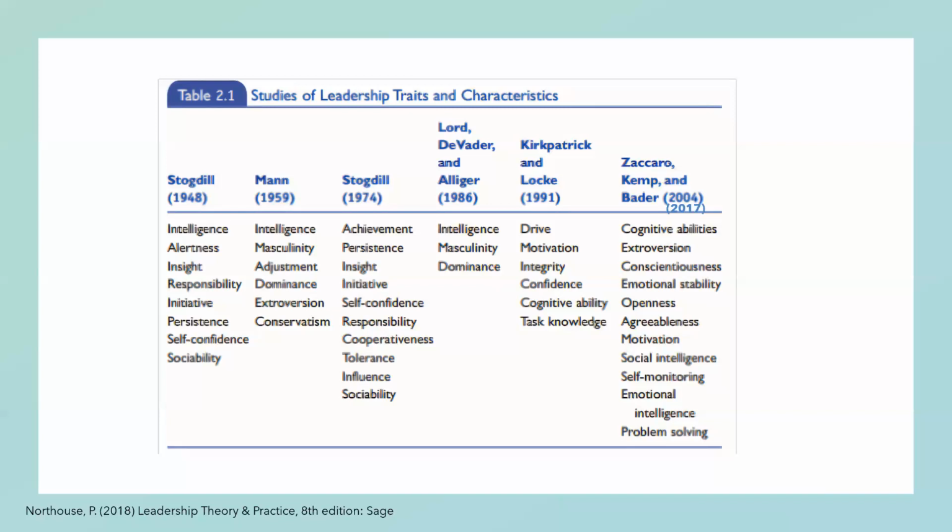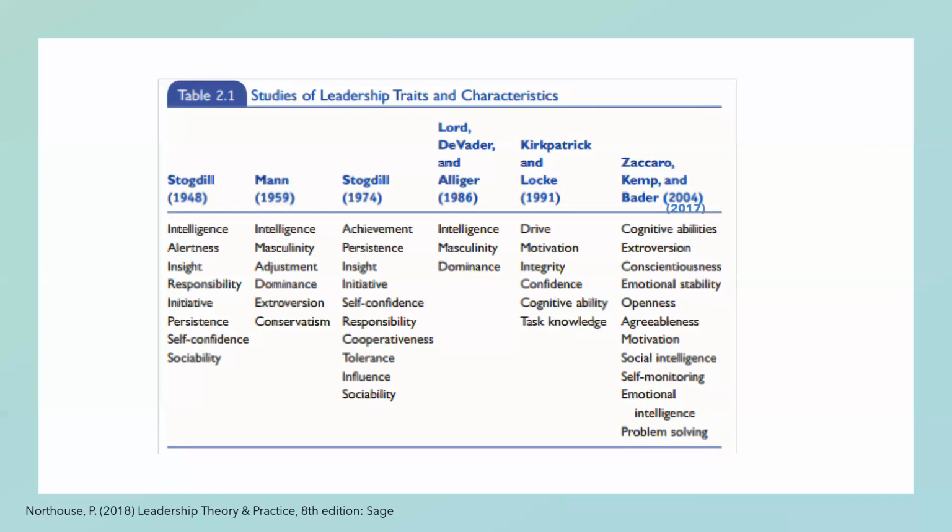So then we'll look at the second study on the list, the study done by Mann in 1959, which focused more on personality and leadership, not situations. He came up with a list of 6 personality traits that could distinguish good leaders. Then if you look at the fourth study in 1986, Lord, De Vader, and Alliger reassessed Mann's findings using a meta-analysis.